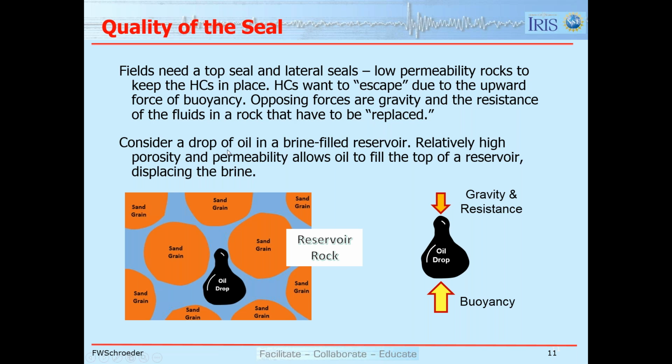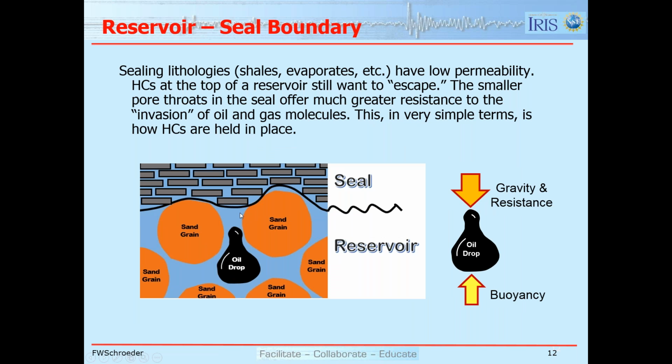So if we have a drop of oil, if it's in a reservoir, we have sand grains with a lot of pore space and good permeability, connectedness of the pores. The oil will migrate through this up to the top of the reservoir, and if there's a sealing lithology above it, it will then be trapped.